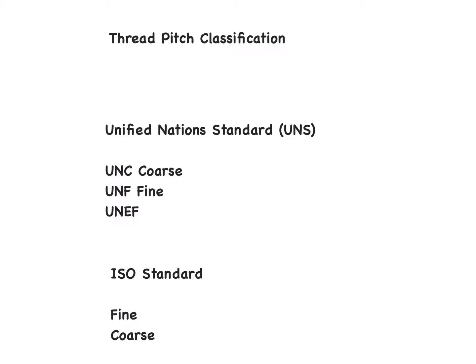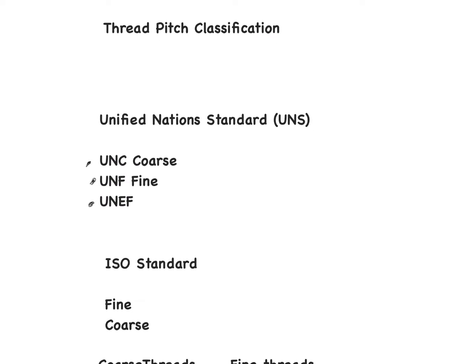The first one is the UNC coarse, then UNF fine and UNEF. So these are the different categories depending upon the pitch, whether it is coarse or fine or extra fine, and it goes like this. Similar to that, in ISO standard also we have two classifications. One is the fine and the other one is the coarse.